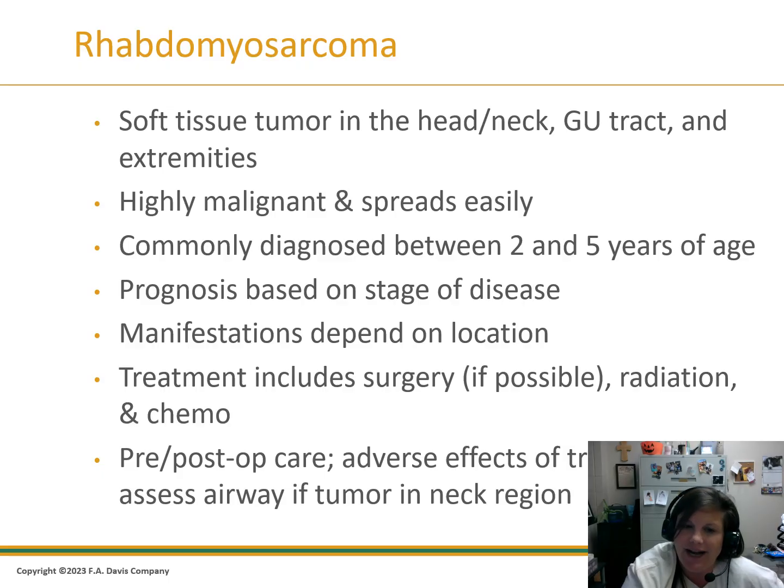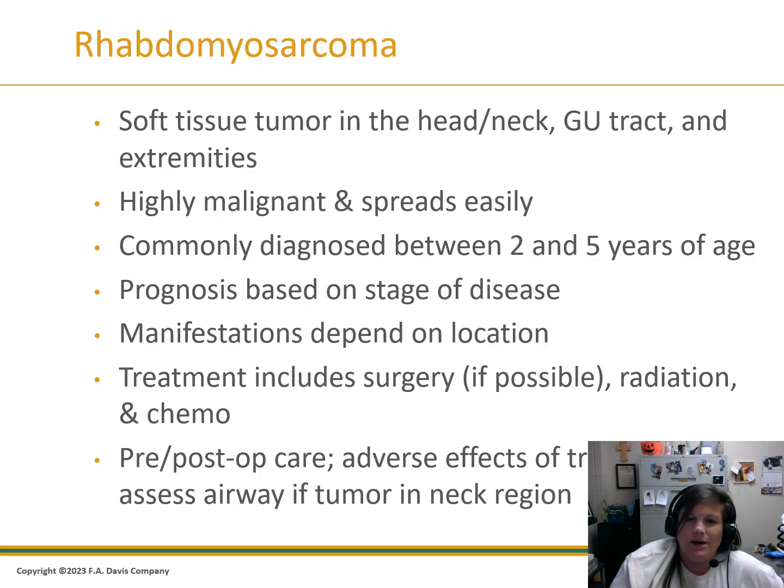It is a very highly malignant form of cancer in pediatrics that does spread easily, and it is one that impacts the older toddler and preschool age child. So it mentions between 2 and 5 years. That is when it is most often diagnosed.